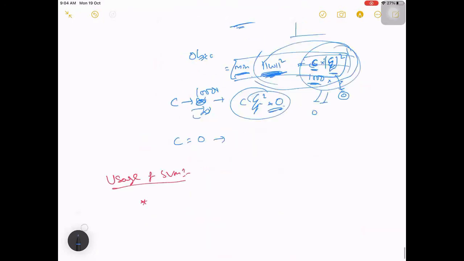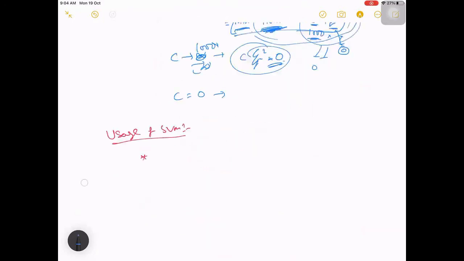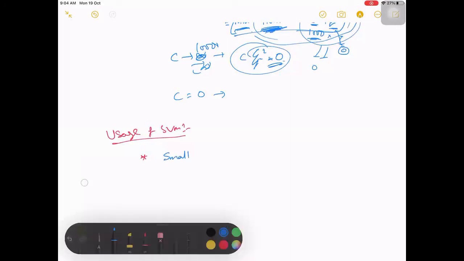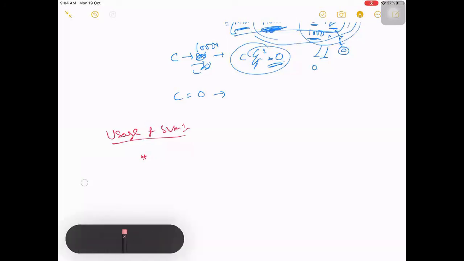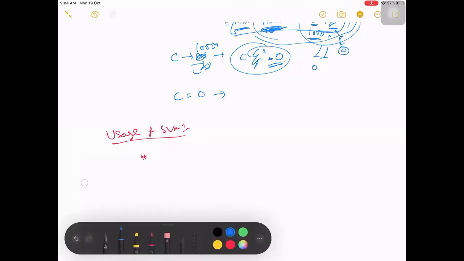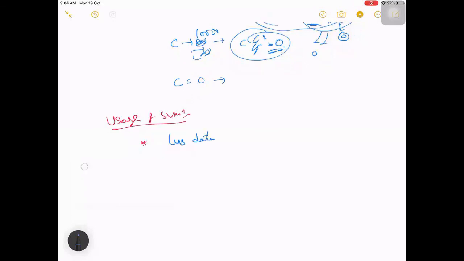So even though data is small, not small, let's call it less data, SVM can be used for lesser data, because it uses only support vectors for learning, which decide your margin.